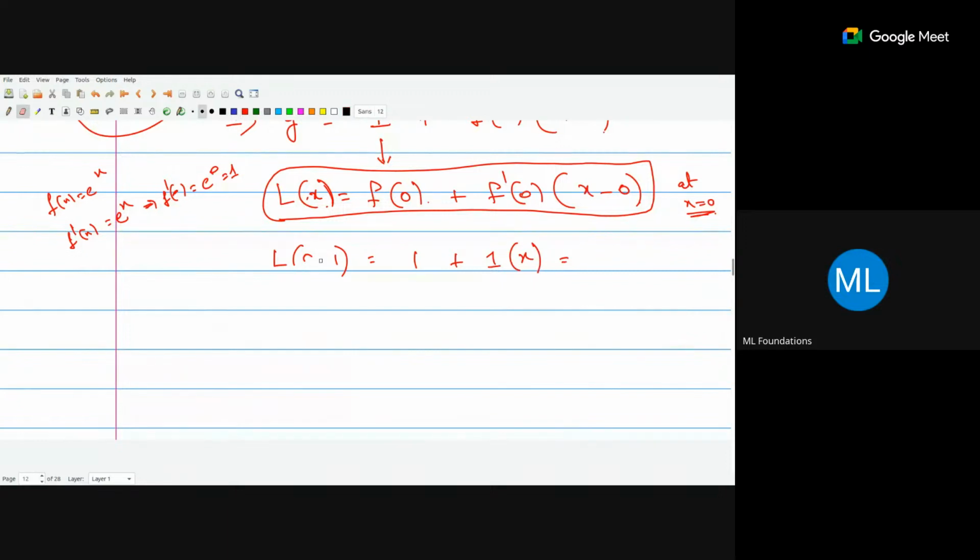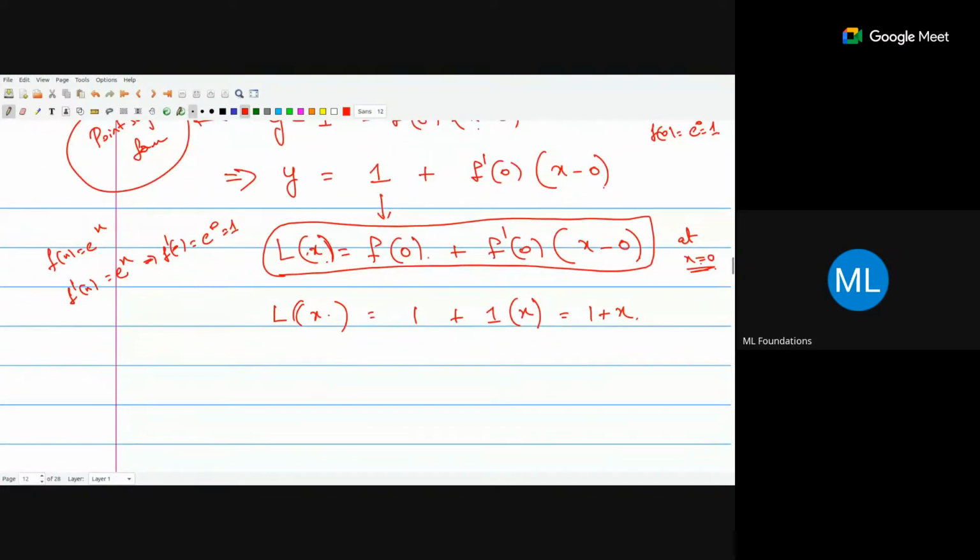So if you simplify L of x, we are going to get 1 plus x. Observe the function is e to the power x, and the linear approximation to that function I got as 1 plus x, which is a straight line, and if I give you any point, you can give me the function value.